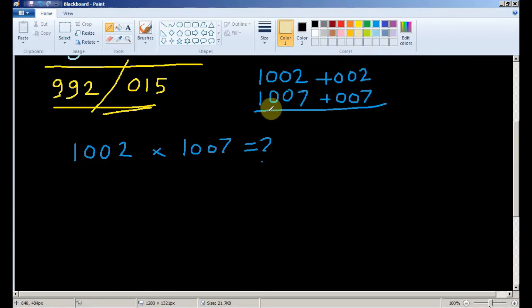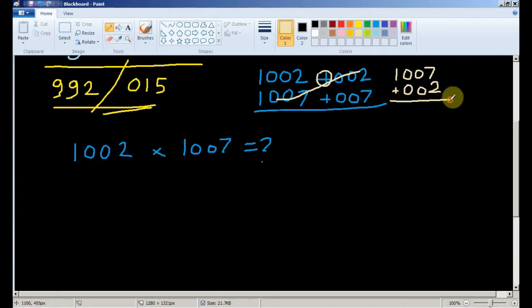Once you have these, you have to do the cross operation. No, you have to do cross addition, because this is a plus sign now. Cross addition will give you 1007 if I do the operation this way, and then you add 002.